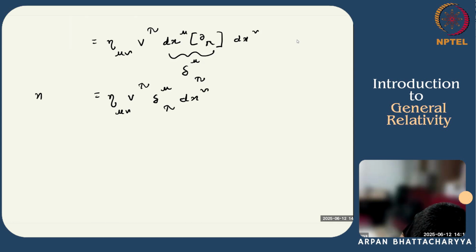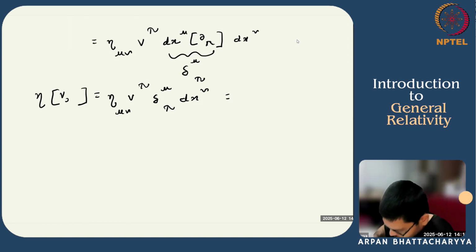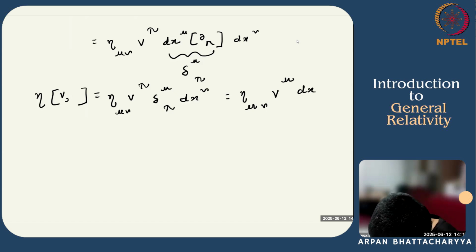And because this is a Kronecker delta, we have to set mu equal to lambda, otherwise this is just 0. So then we have eta_{mu nu} v^mu dx^nu.